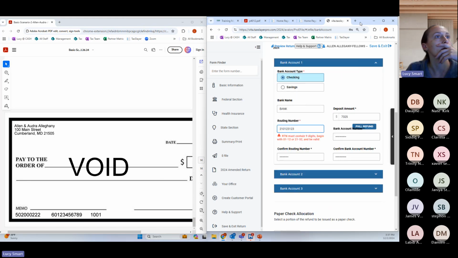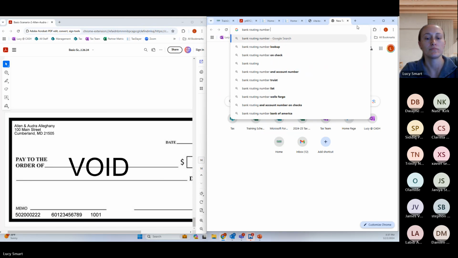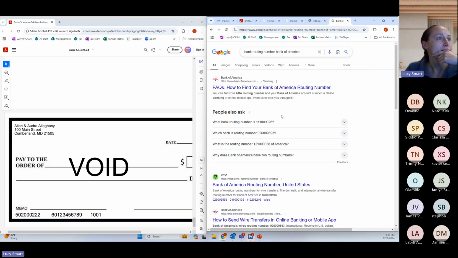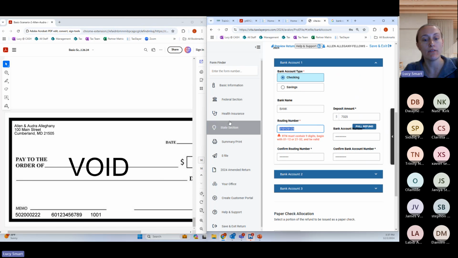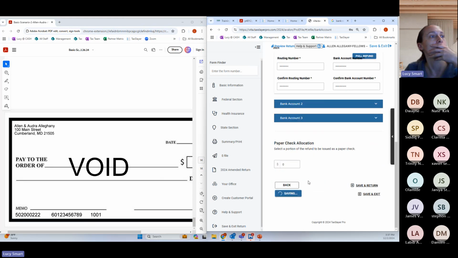Oh my gosh. Okay. I'm just going to Google a routing number. Okay, we'll use this one. You can also always Google routing numbers, which is a helpful thing if someone doesn't know theirs. You just Google the bank name and the state they put the account in.